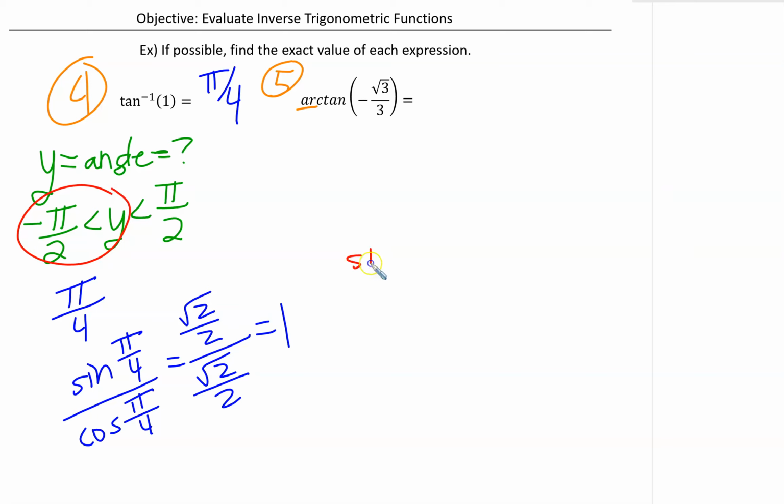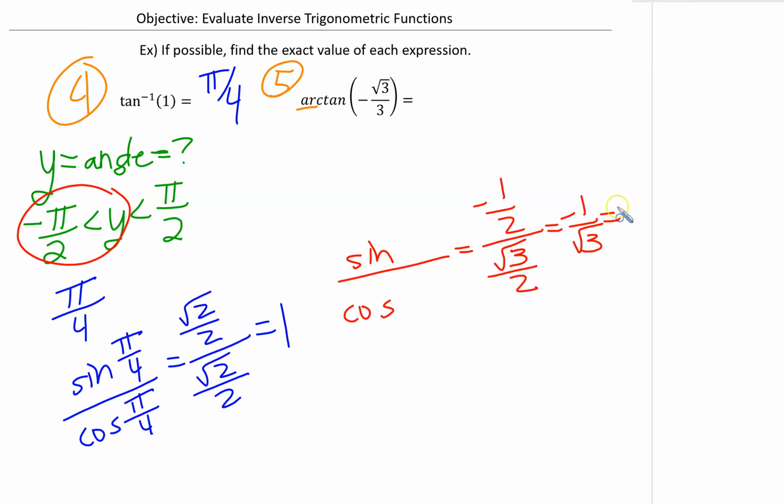That's going to simplify really to negative 1 over root 3, which rationalizes to this. That's going to happen if my sine is negative 1/2 and my cosine is root 3 over 2, because in this case, the 2's would cancel, giving me negative 1 over root 3, which becomes negative root 3 over 3 as my tangent ratio.